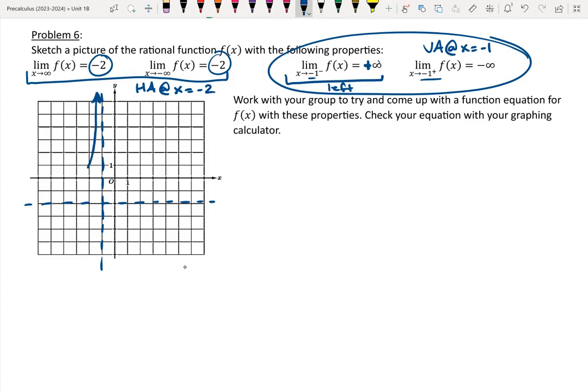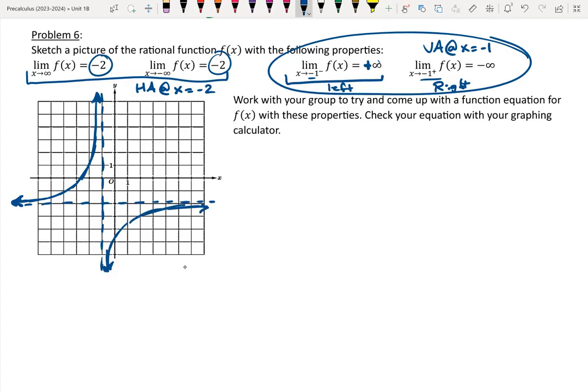So I'm going to go ahead and have my graph just kind of come down like this. That looks pretty good there. And then on the right-hand side, we're going down to negative infinity. So going from there, kind of coming alongside like this.